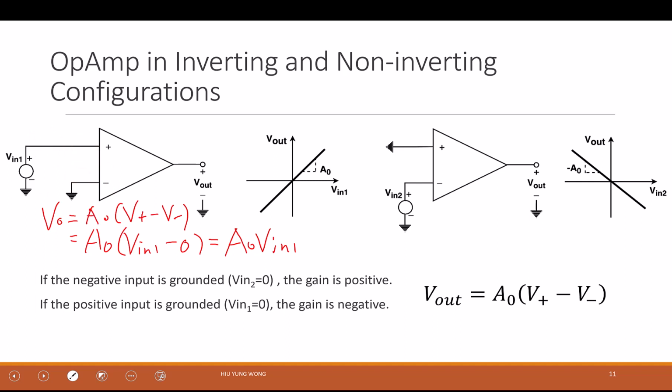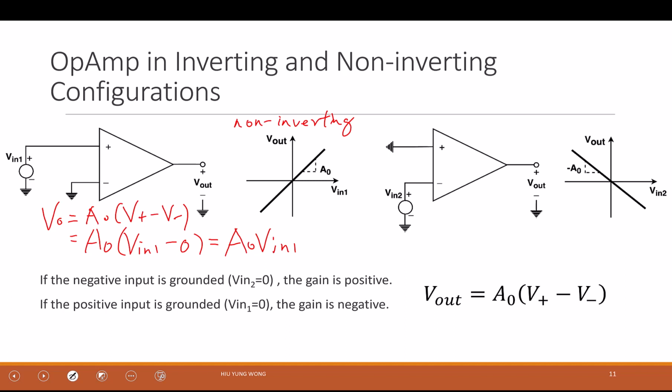But because you ground it, the whole overall effect is that it is only amplifying your signal. V in 1 times A0 gives you V out. And we call this a non-inverting configuration, right? Because if you have a positive value, it gives you a positive output.